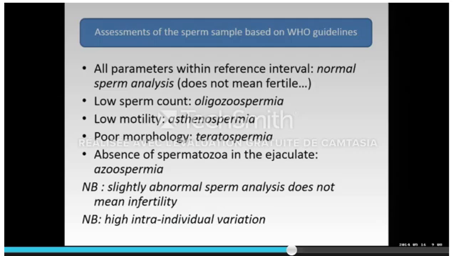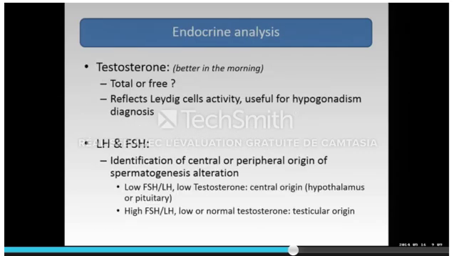And most important are LH and FSH. I mean, testosterone is not a very sensitive parameter. Most important are LH and FSH. And they allow to identify the origin of spermatogenesis failure.